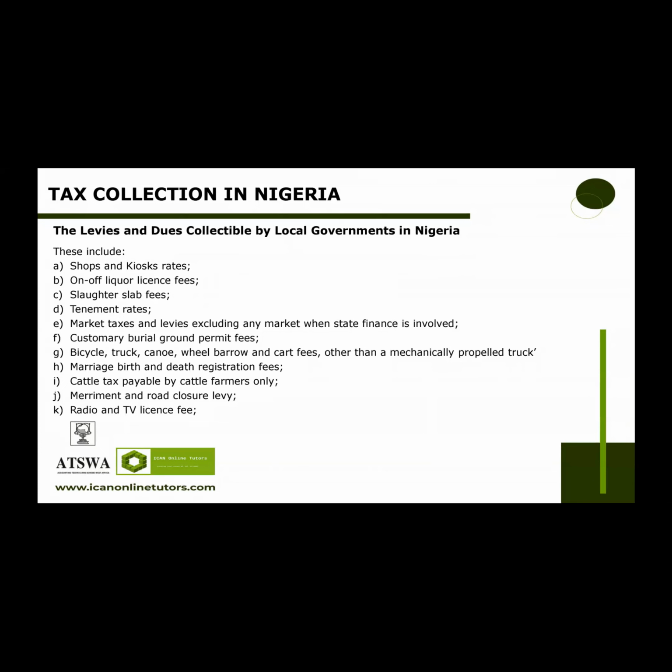In Nigeria, this includes shops and kiosk rates, on-off liquor license fees, slaughter slab fees, tenement rates, market taxes and levies, excluding any markets where state finance is involved, customary burial ground permit fees, bicycle, truck, canoe, wheelbarrow, and cart fees other than a mechanically propelled truck, marriage, birth, and death registration fees, cattle tax payable by cattle farmers only, merriment and road closure levy, radio and TV license fee, among others, including wrong parking fees, motor park levies, domestic animal license fees, vehicle radio license fees, and the likes.